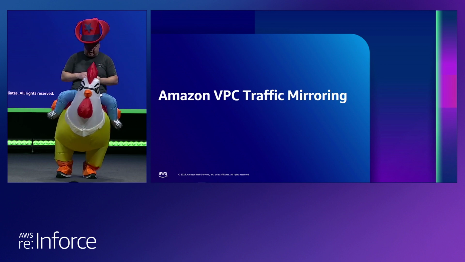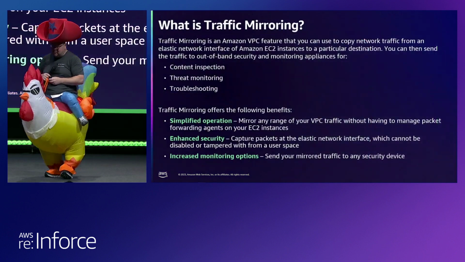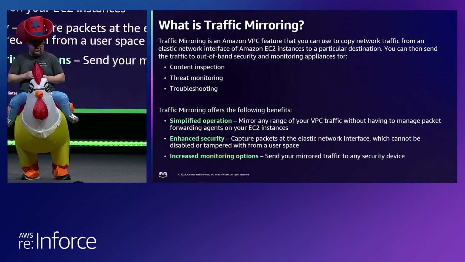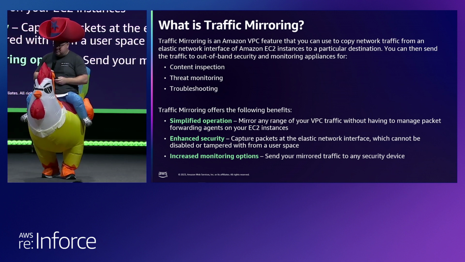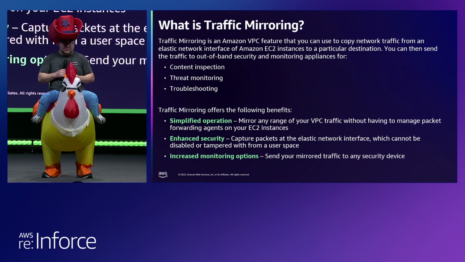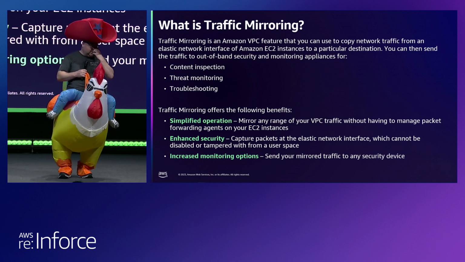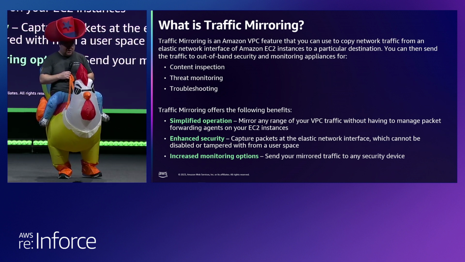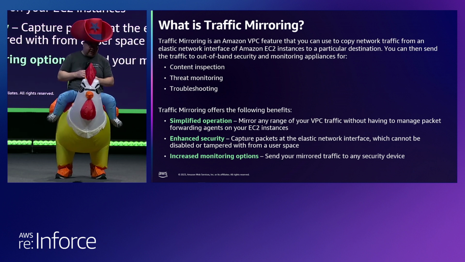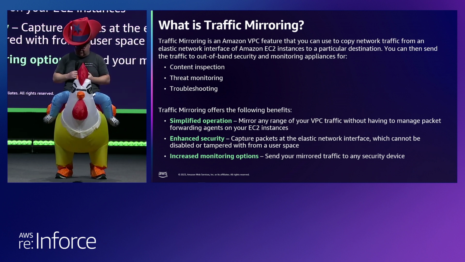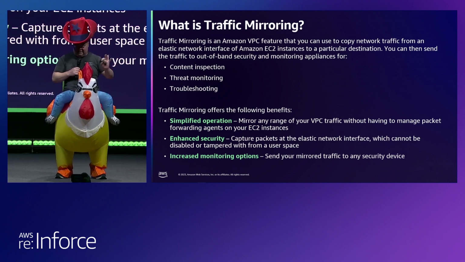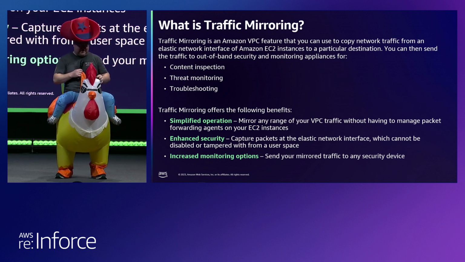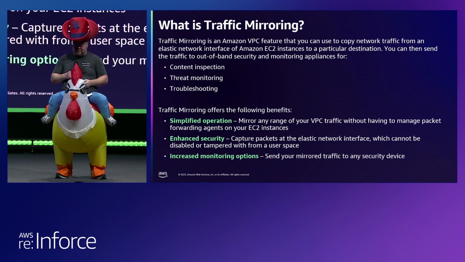Okay, traffic mirroring. So what is traffic mirroring, right? This is back in the day when we think back to our on-prem and we think about our gruff security guy who is dying to hold on to his packet broker, right? He loves his Gigamon, loves his Ixia, whatever product they want to use.